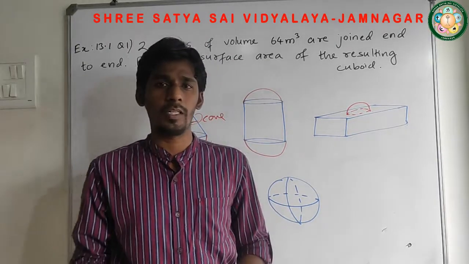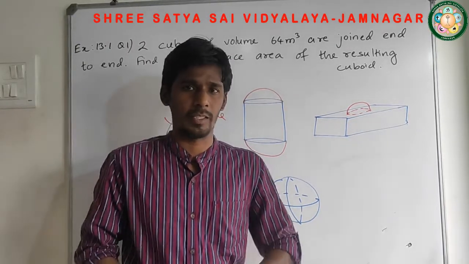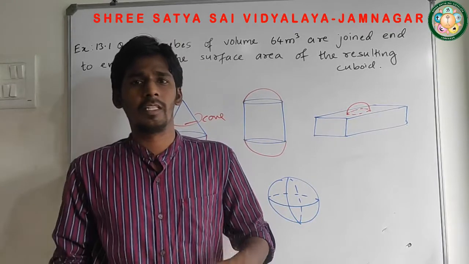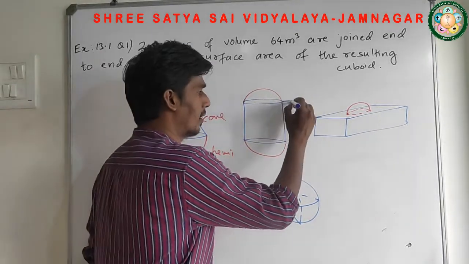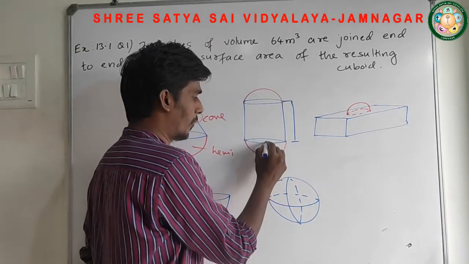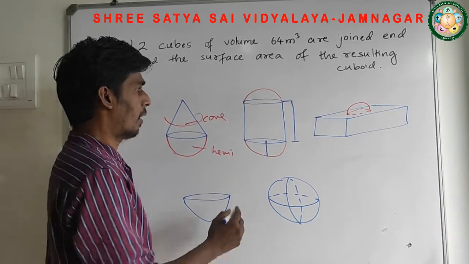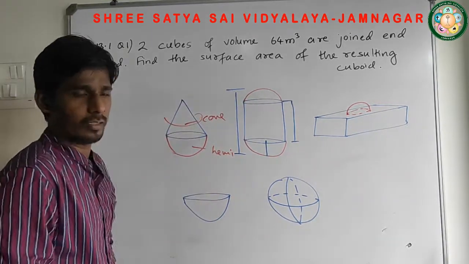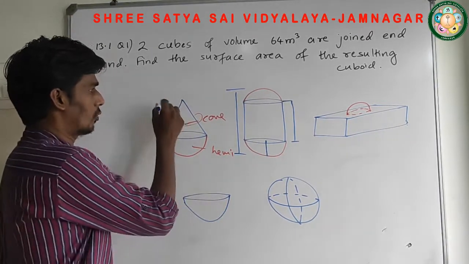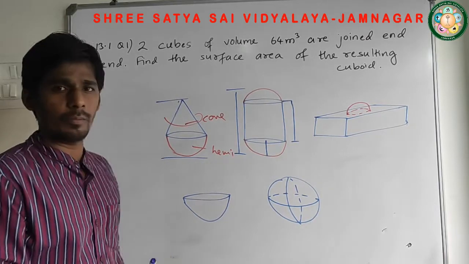So somewhat like these figures you are going to solve. It is very important to draw a diagram from the statement. If you are able to draw a diagram, then you will know how to find the data. Data means how to find the height of the cylinder, the radius of the hemisphere, and the total height of this object or solid. So this is the way the questions are going to be given.